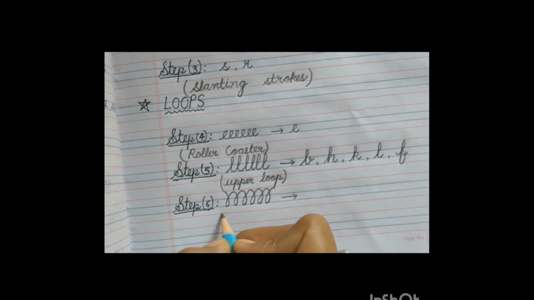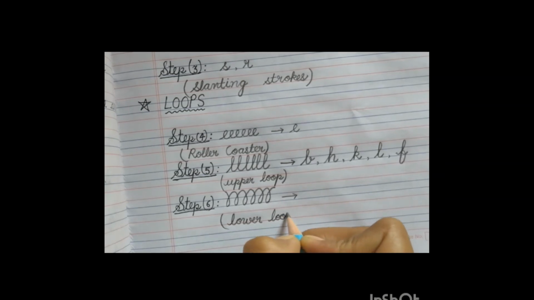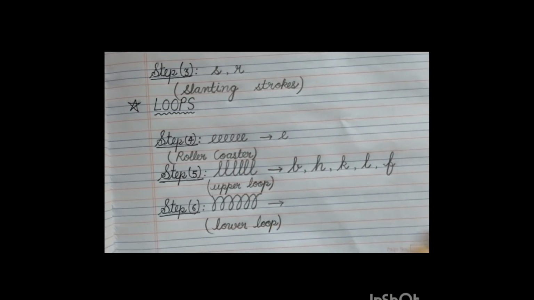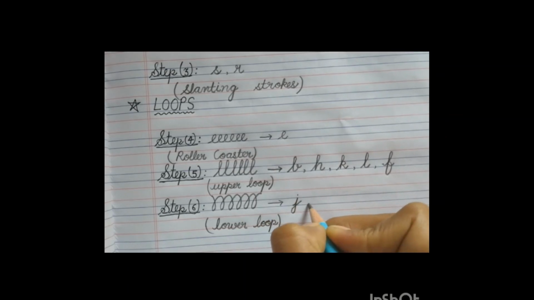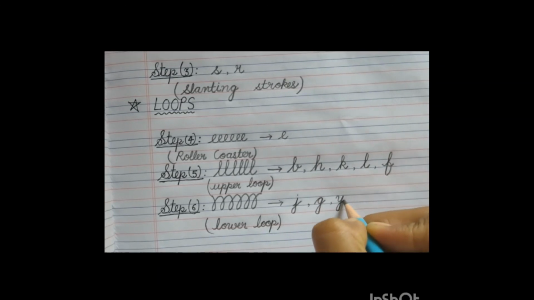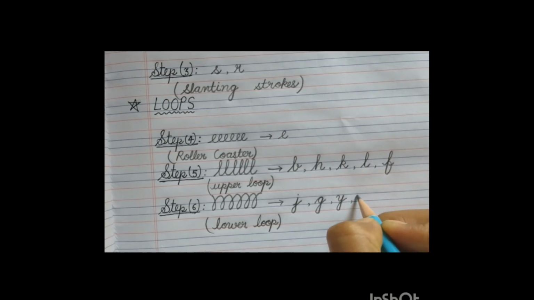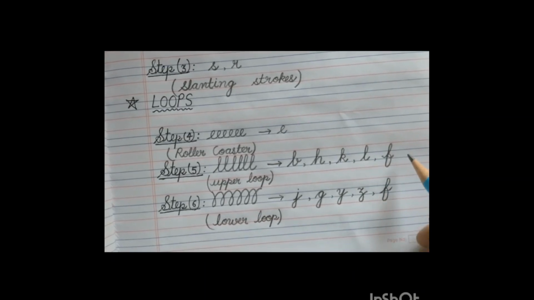Using this lower loop, you can write the alphabets J, G, Y, Z and F. You can see that in F we have used both the upper loop as well as the lower loop.